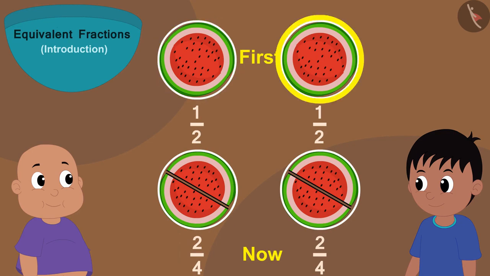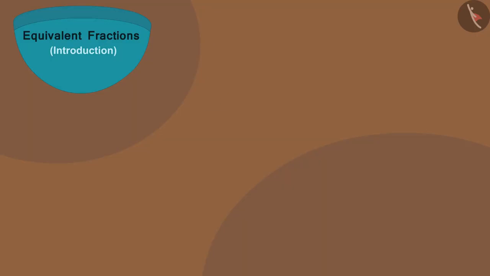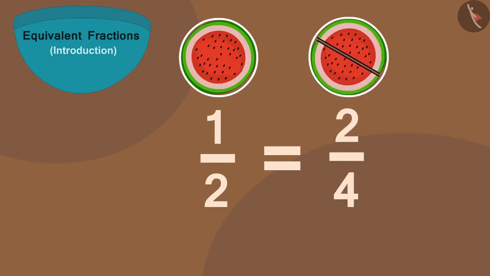Here, this 1 part is equal to these 2 small parts. And because the amount of watermelon they are getting is still the same, we can write that the fraction 1/2 is equal to the fraction 2/4.